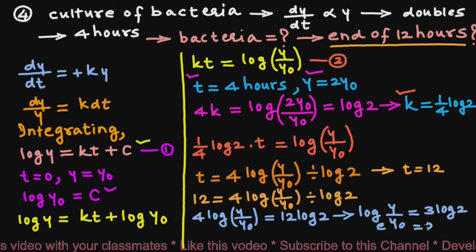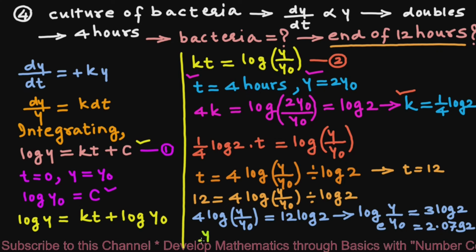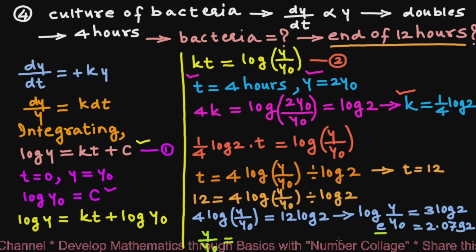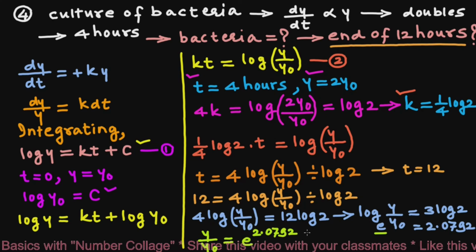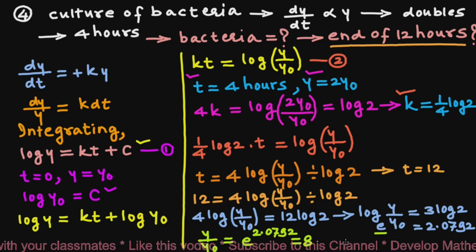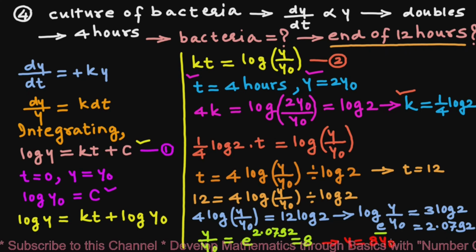This will be 2.0792. So y upon y0 will be e raised to 2.0792, which will be 8, and this finally gives us y equals 8y0.